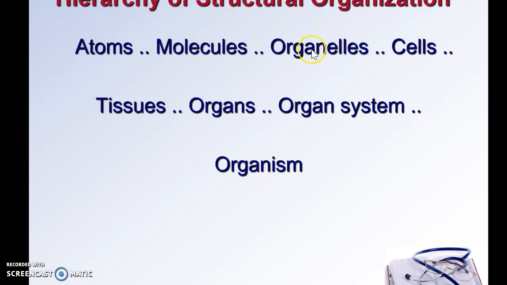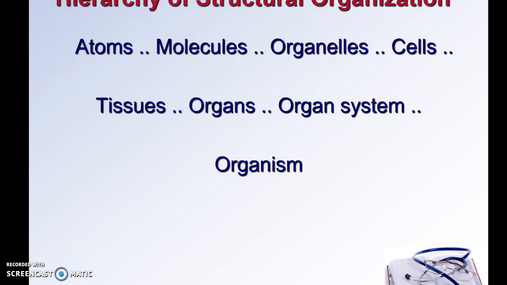Molecules turn into organelles. Organelles group together to create cells. Cells together create tissues. Tissues together create organs. Organs combined together create organ systems. And organ systems combined together create organisms.